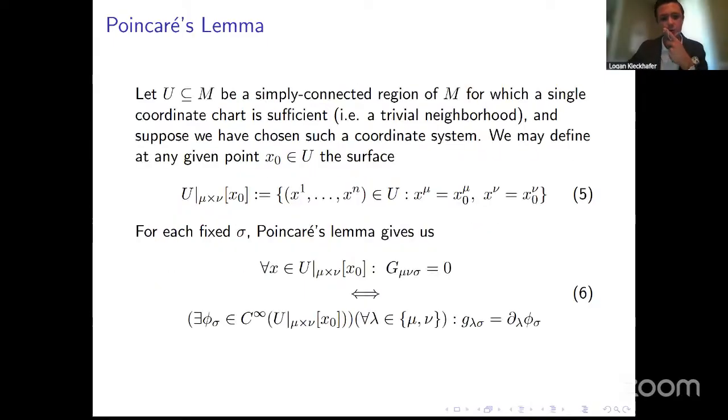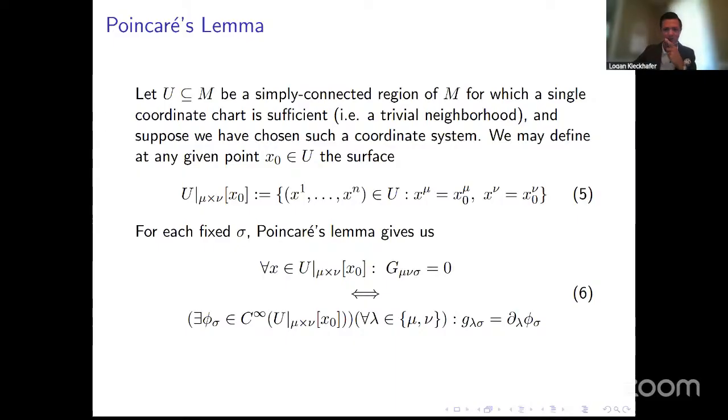Right. So what I defined here with U restricted to mu nu is coordinate dependent. It's the mu nu coordinate sheet over a point x naught. And for a particular combination of mu nu sigma indices on capital G to vanish means that the sigma sector of the metric is generated by a potential on the mu nu plane.